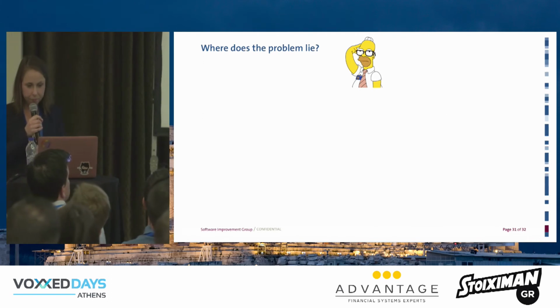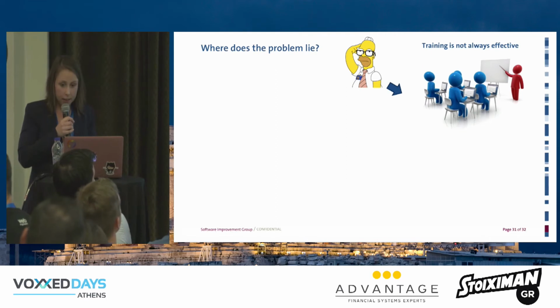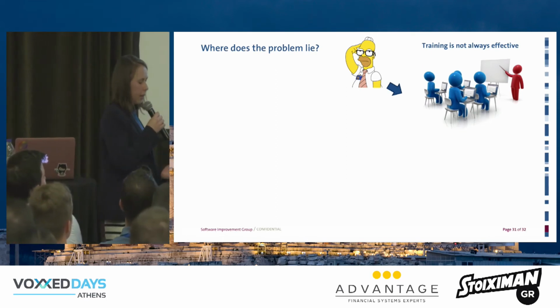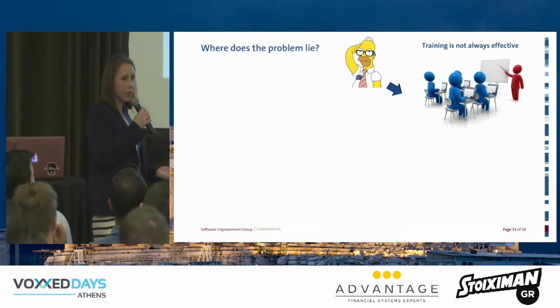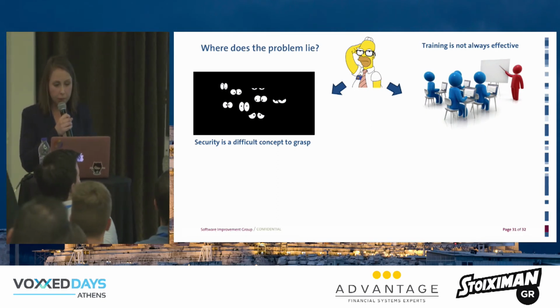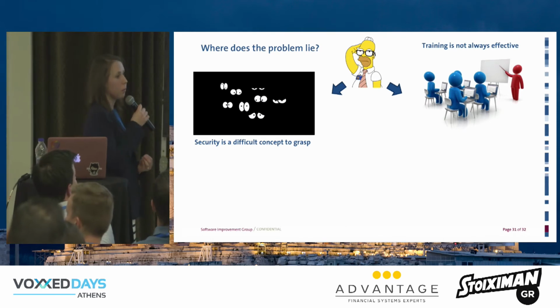So how do we see these things? Training is very important, and it's very hard to understand how security should be implemented in the correct way. But it's because security is a difficult concept.